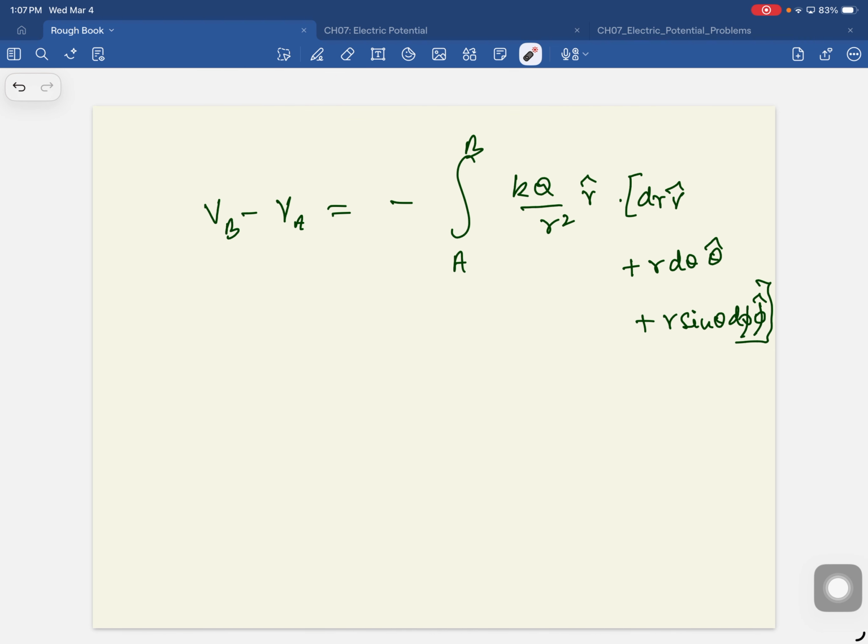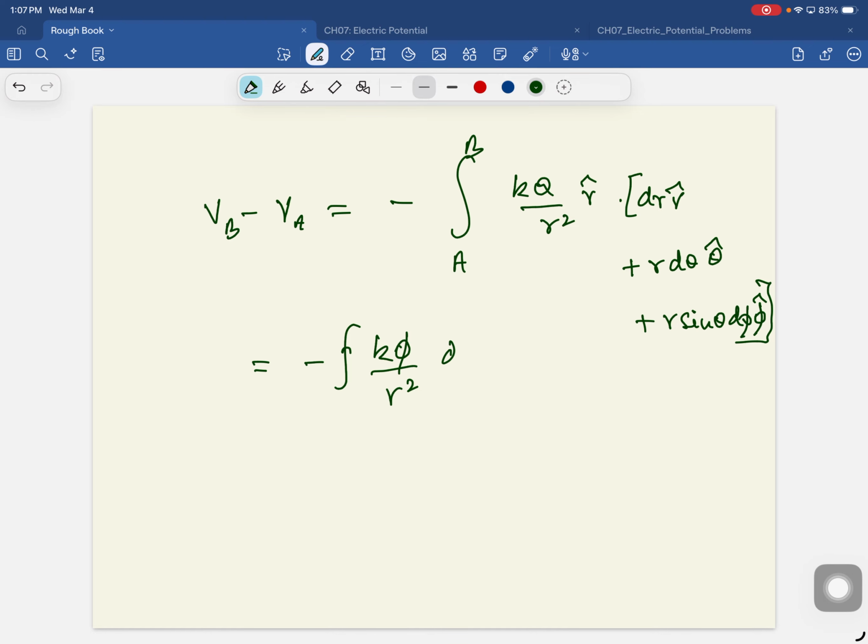And when you take this dot product, only the dr term survives. r hat is perpendicular to theta hat, so that dot product will be 0. r hat is perpendicular to phi hat, so that dot product will be 0. So only this one survives, kQ over r squared dr.